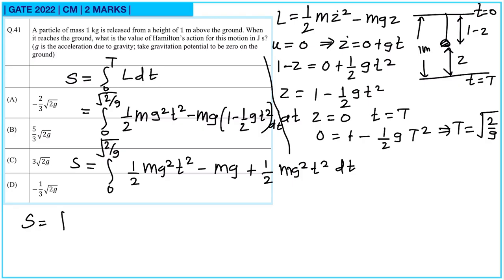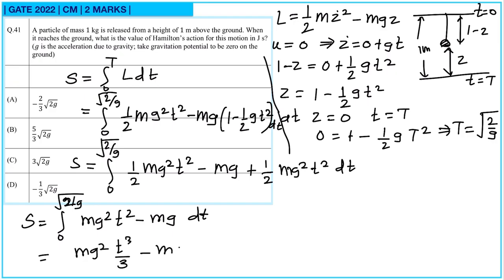which is equal to, S is equal to half root 2 by g. Half plus half is mg square t square minus mg, and then we have dt here. So integration will be mg square t cube by 3 minus mgt, and limits are 0 to root 2 by g.